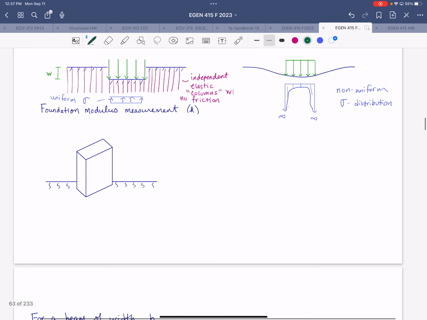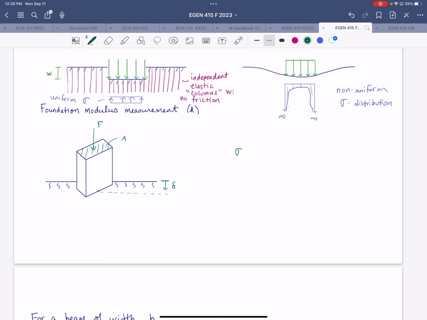Now, diving into this foundation modulus a little bit, if we consider a block like this that has a cross-sectional area, call that A, we apply a force to it that would cause it to sink down into an elastic foundation, so that the foundation deflects by delta, measured at the center point below.